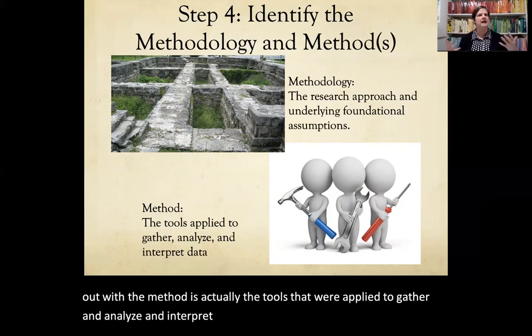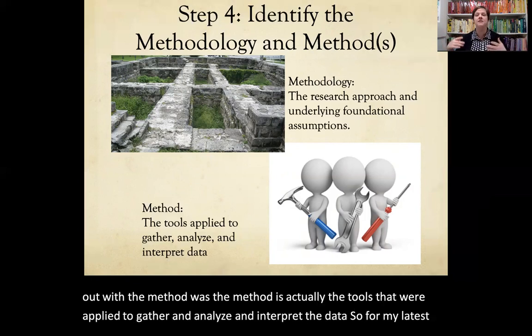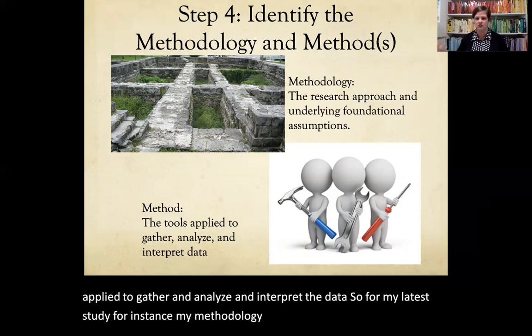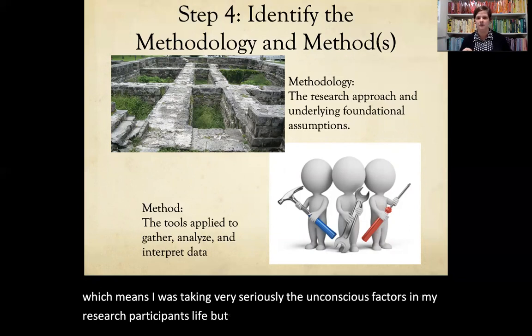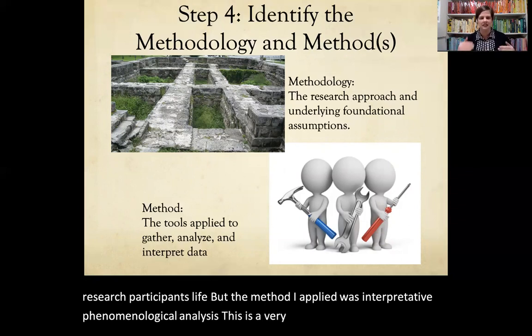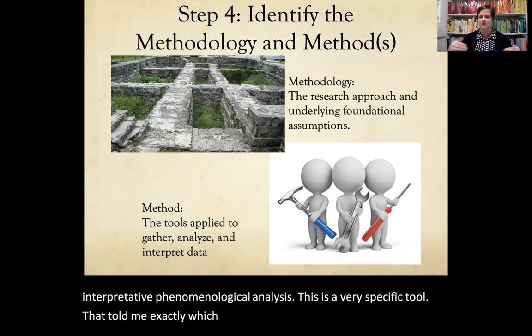So for my latest study, for instance, my methodology was a depth psychological approach, which means I was taking very seriously the unconscious factors in my research participant's life. But the method I applied was interpretative phenomenological analysis. This is a very specific tool that told me exactly which steps I needed to take to gather data.